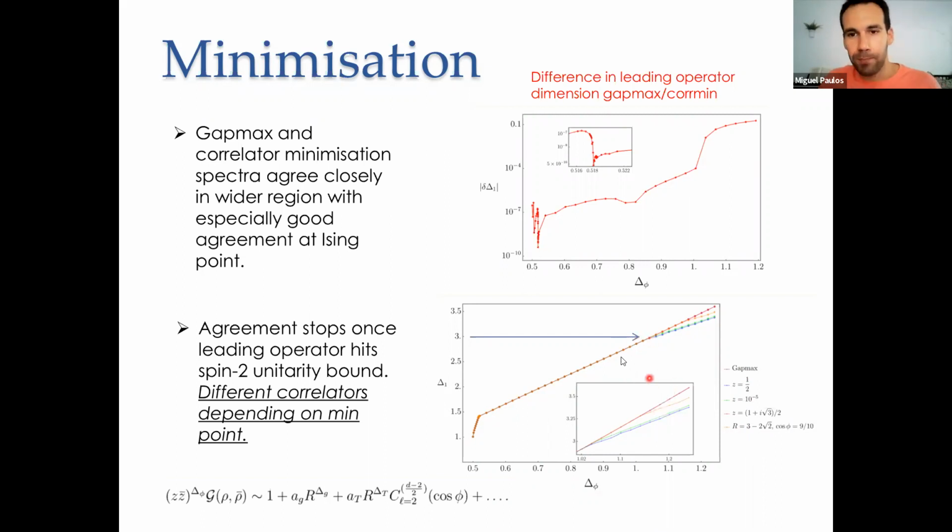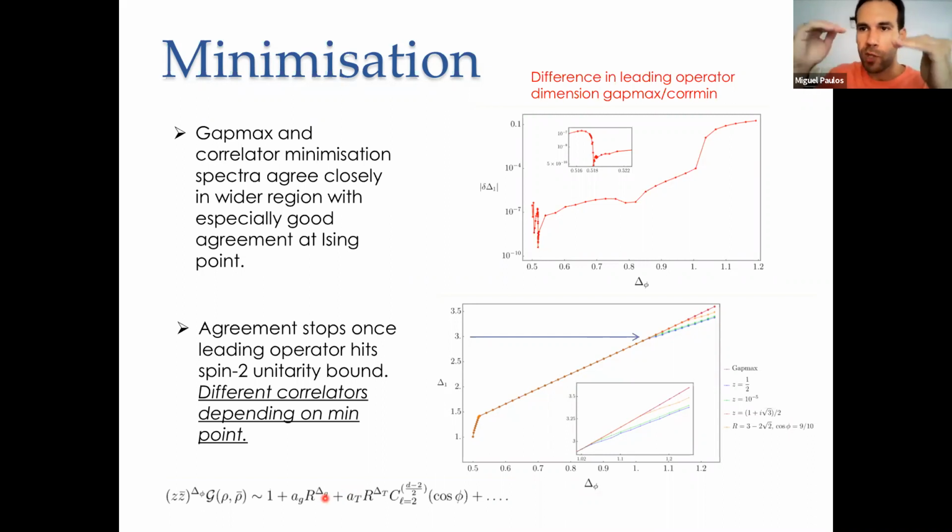Why does this happen? It happens precisely at the point where the dimension of this leading operator hits around 3. And 3 is the dimension of the first operator in the spin-2 sector. I told you that to minimize the correlator, you want to push up the gap. But which gap? There are many spin channels. This is a circumstance where the gap is around 3, and so there's a competition between the leading operator in the spin-2 channel and the leading operator in the scalar.